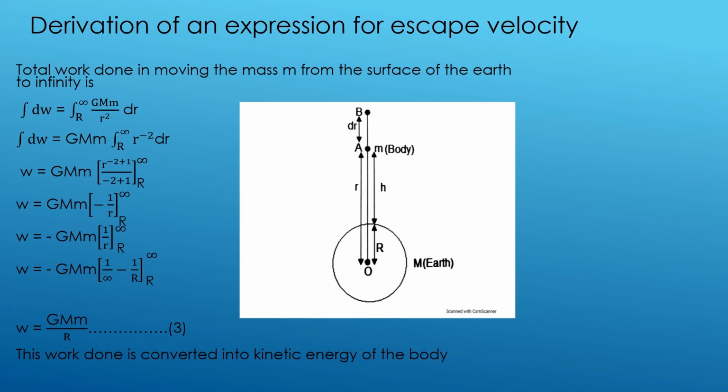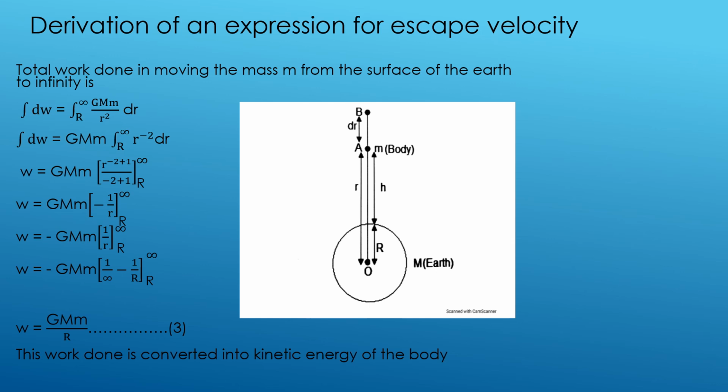So we take the minus term outside: W is equal to minus capital G, capital M, small m in the brackets of 1 by r, with limits R to infinity. As we substitute the limits, W is equal to minus capital G, capital M, small m in the brackets of 1 by infinity minus 1 by R. As you know, 1 by infinity is 0.